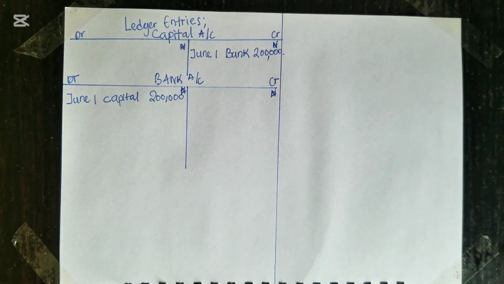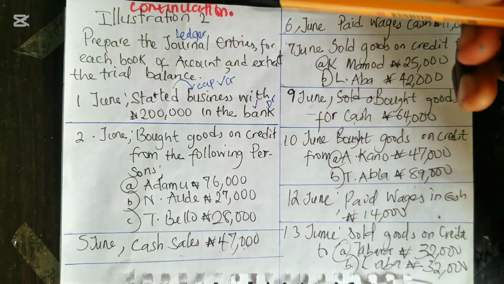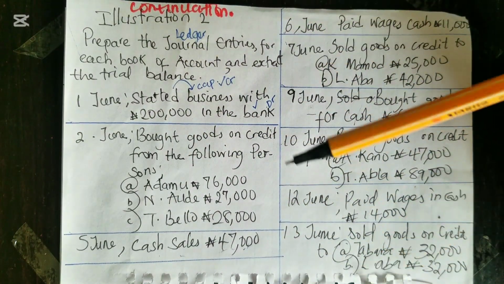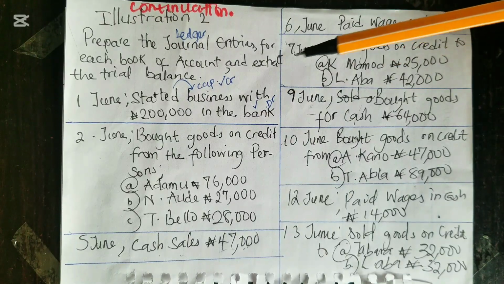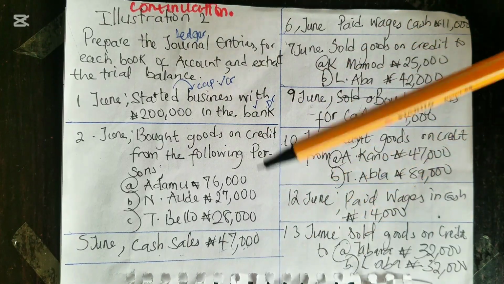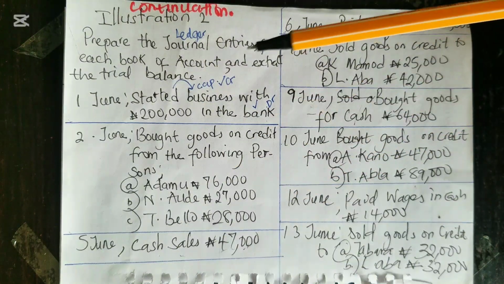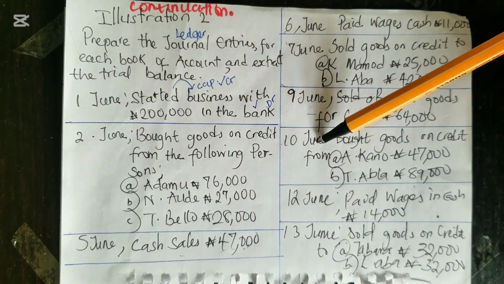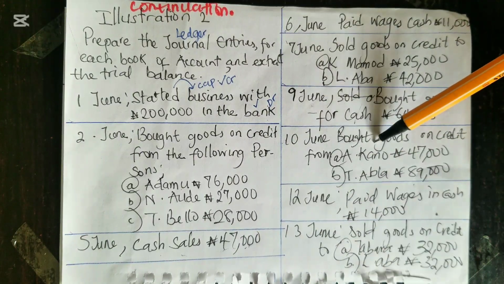Another thing you should notice is that anytime an entry is given to us to prepare, we should look if another entry corresponds with this June 2, like another goods bought on credit. We can see that there's another goods bought on credit here.